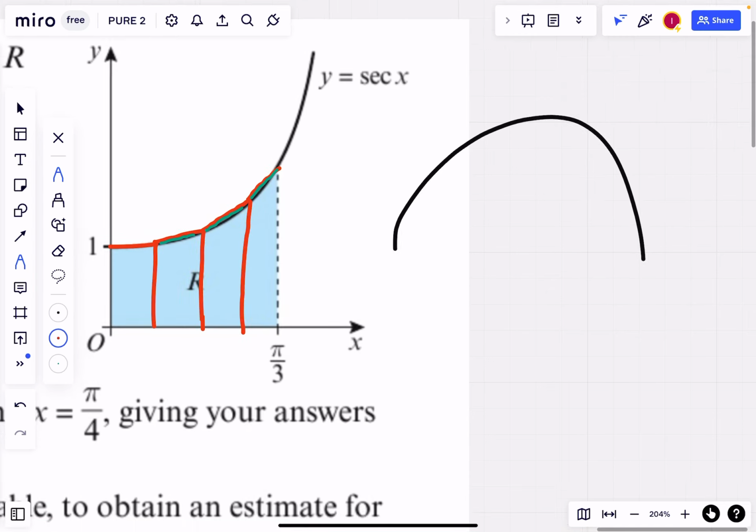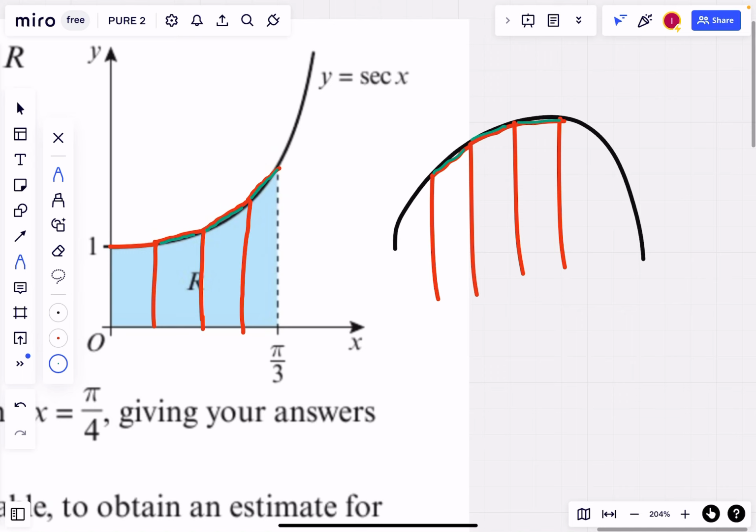This is our graph. And you do that. And now when you connect them, you are slightly, ever so slightly, under every time. So you have an underestimate. You haven't worked out as much as there is. I hope that made sense.